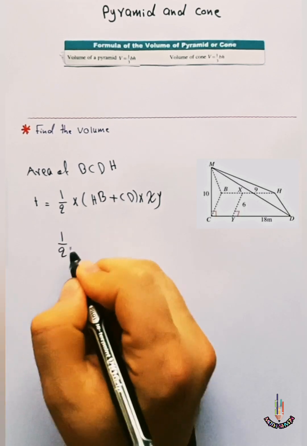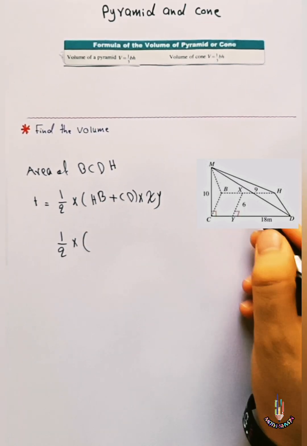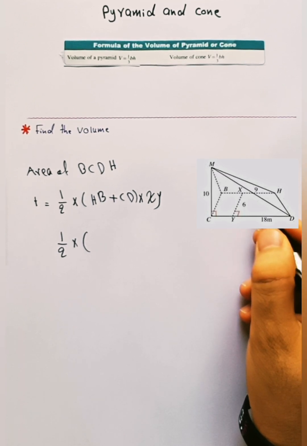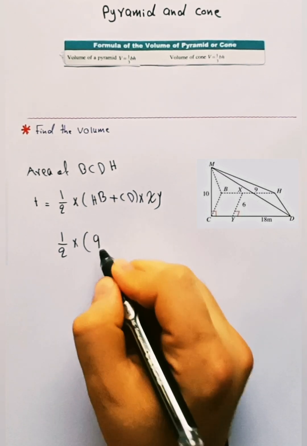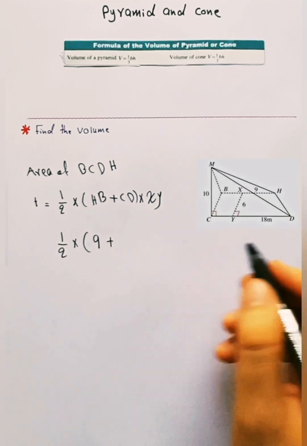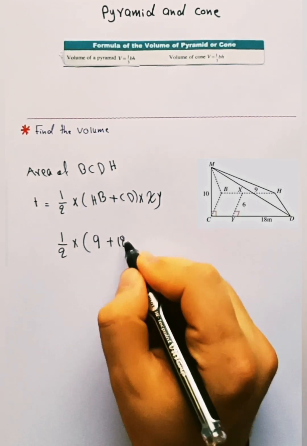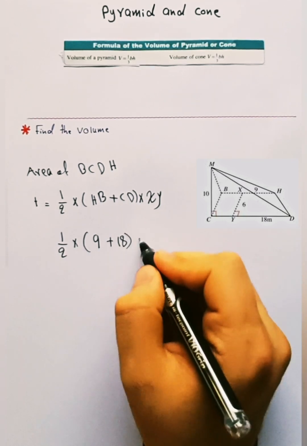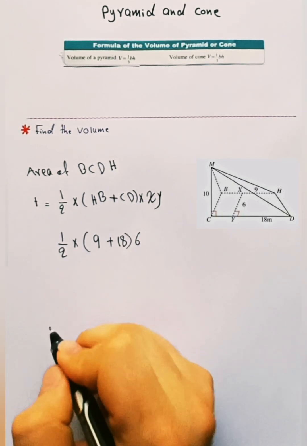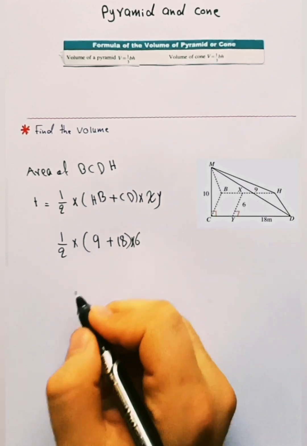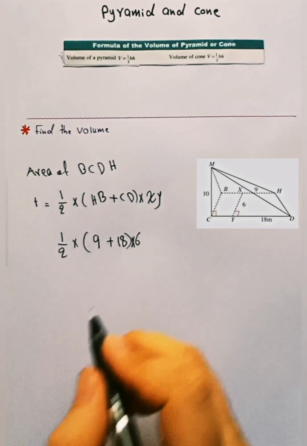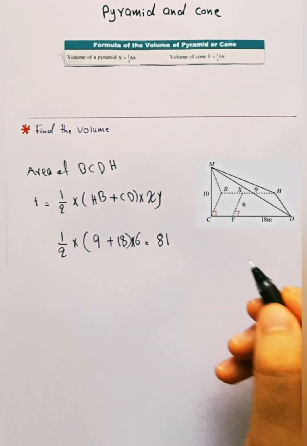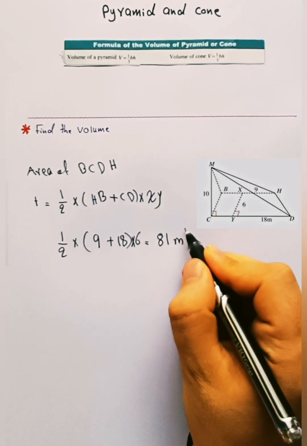So we have 1 out of 2 multiplied by HB is 9 and CD is 18 and XY is 6 multiplied by 6. So when we multiply all these numbers together, we will get 81 meters square.